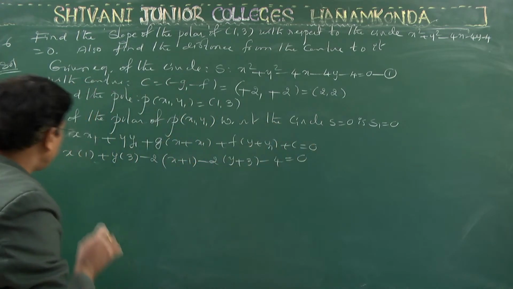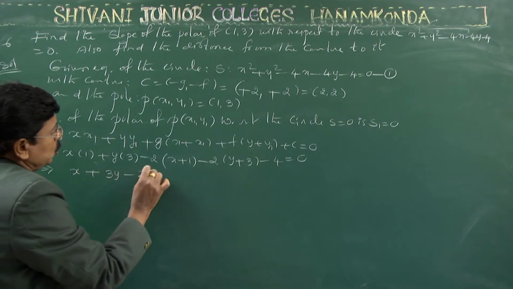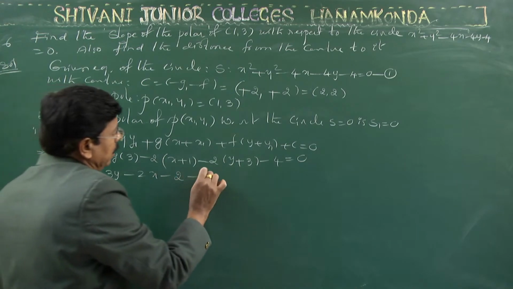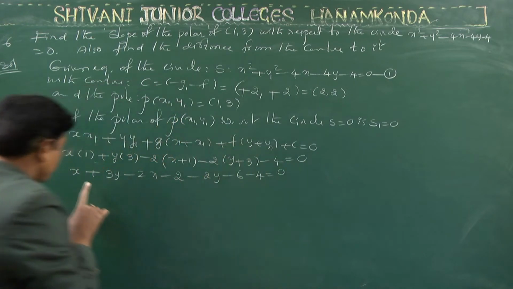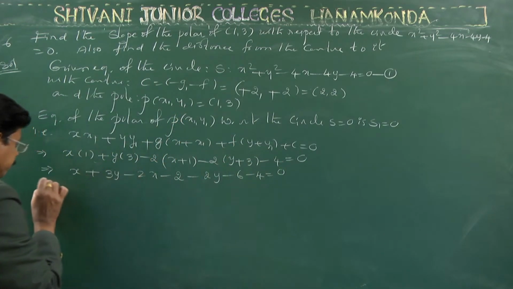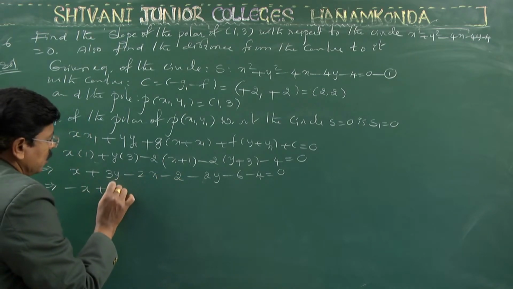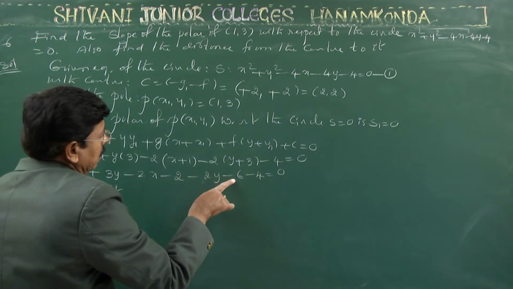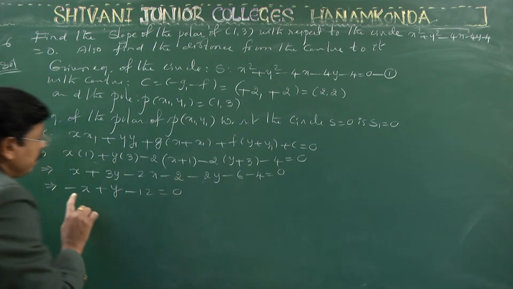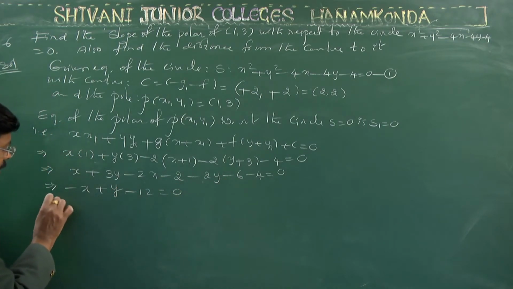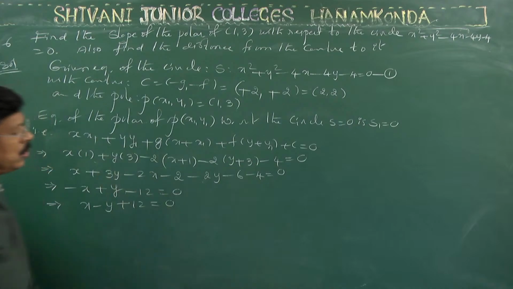Then the next step is simplification: x plus 3y minus 2x minus 2 minus 2y minus 6 minus 4 is 0. Combining x minus 2x, 3y minus 2y, and the constant terms minus 12, we get minus x plus y minus 12 is 0. Multiplying by minus, taking common, you have the equation x minus y plus 12 is equal to 0. Okay, fine.